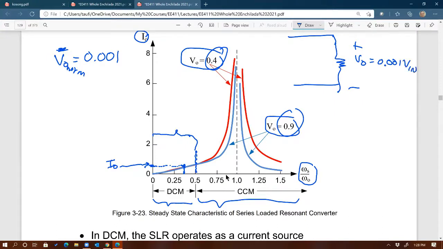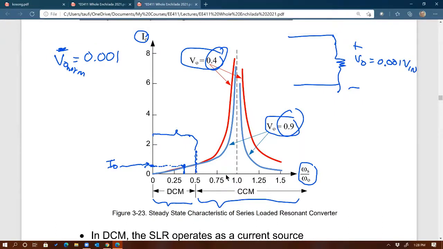No, just look at the voltage. Output voltage is 0.001 of input voltage. Let's say that input voltage is 100. What do you call that condition?